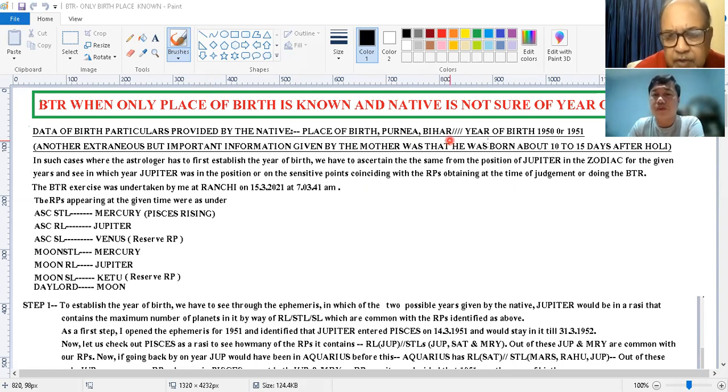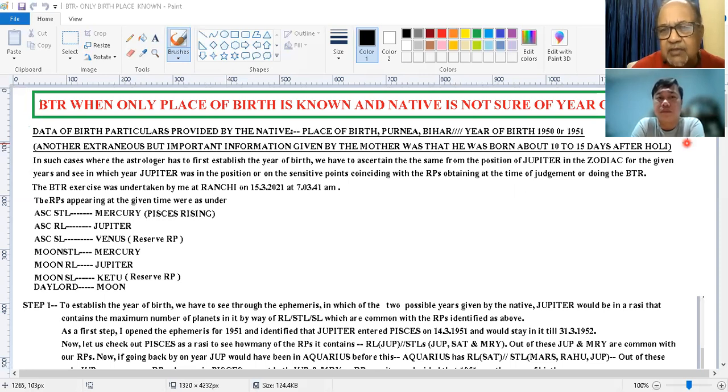Year of birth is 1950 or 1951, as per the gentleman. In brackets, I have written another extraneous but important piece of information given by the mother: he was born about 10 to 15 days after Holi. Holi is a festival in India, which is generally celebrated sometimes in March, sometimes in April.